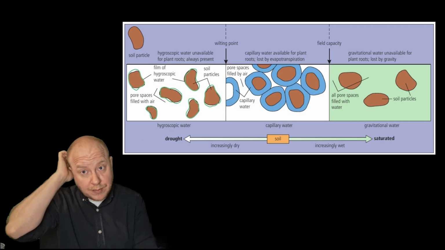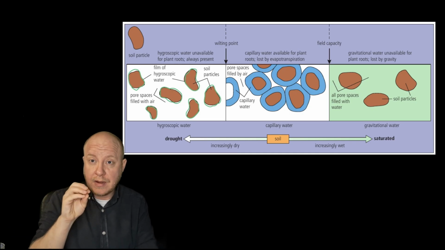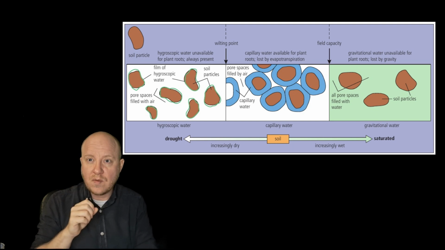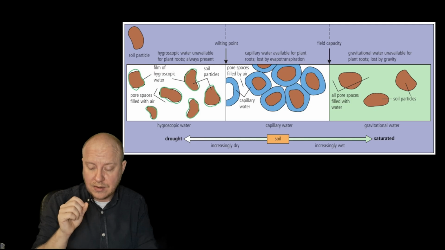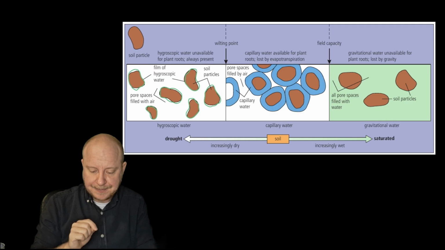This is due to the properties of water and polar bonds and whatnot. It sticks to the soil particle. So you've got almost like a little shell of water around the soil particle, and then there's air between that. So you've got pore spaces filled by air.